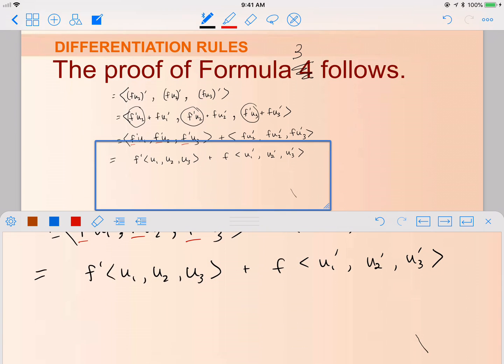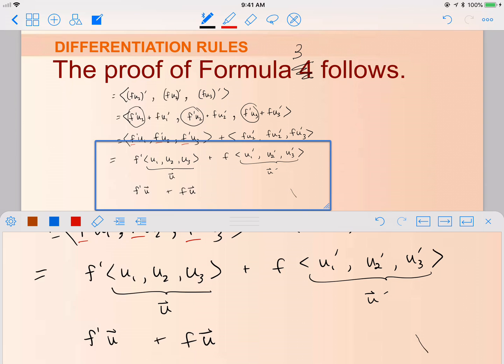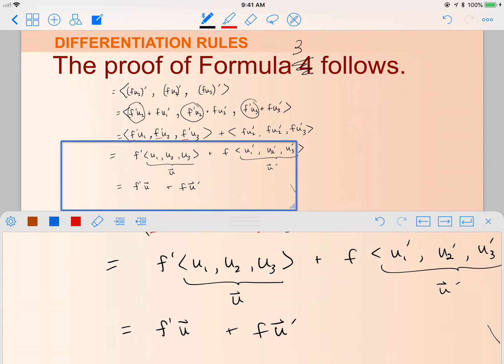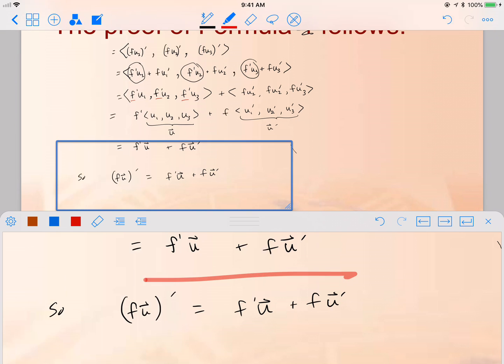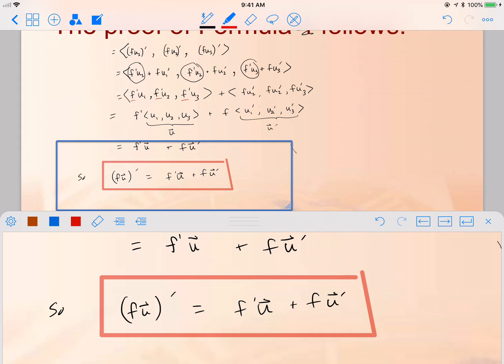But now, look, this is the same. That's just u, right? So f' u plus, and that is u', f u'. Okay? So (f u)' is f' u plus f u'.